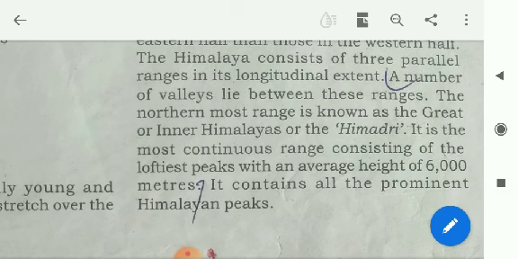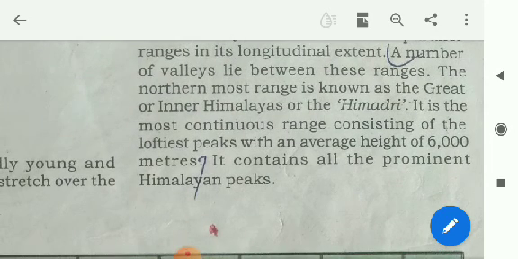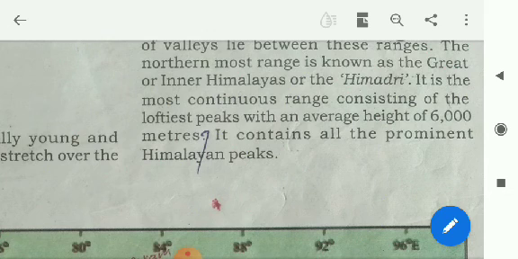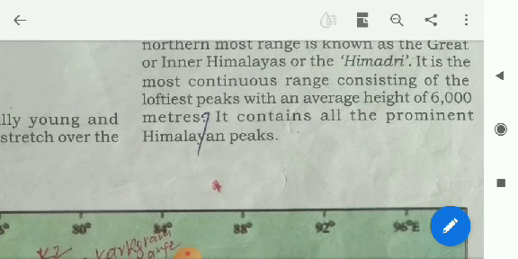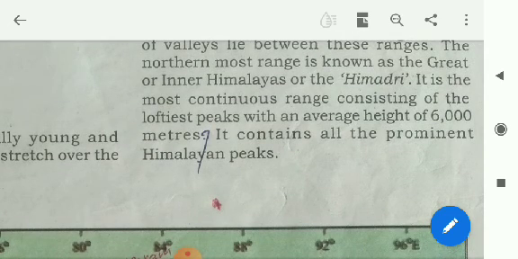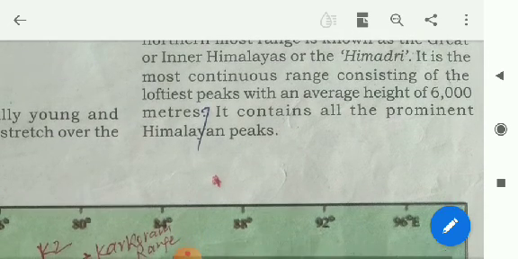The Himalayas consist of 3 parallel ranges in its longitudinal extent. A number of valleys lie between these ranges. The northernmost range is known as the Great or Inner Himalayas or the Himadri.